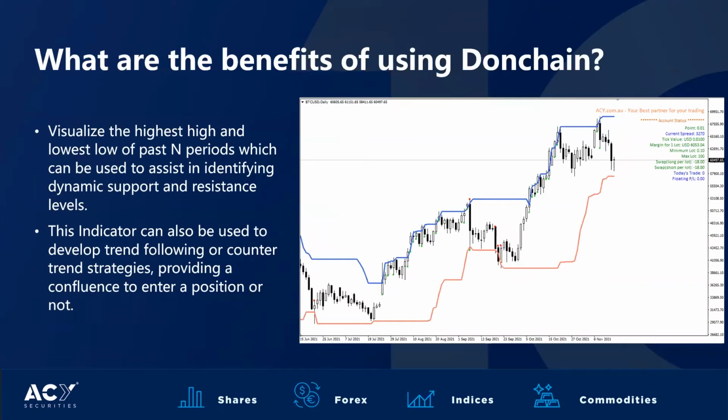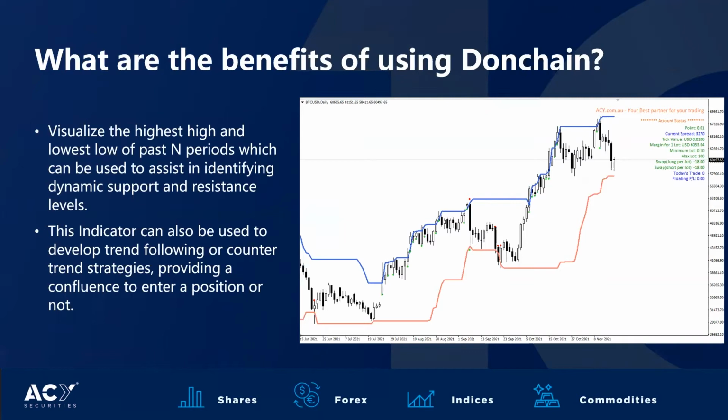Now, the benefits of using the Donchian Channel. Firstly, it really is a visual indicator. So it allows people to visualize the highest high and lowest low of a past number of periods, which can be used to assist in identifying dynamic support and resistance levels, key to any kind of trading.